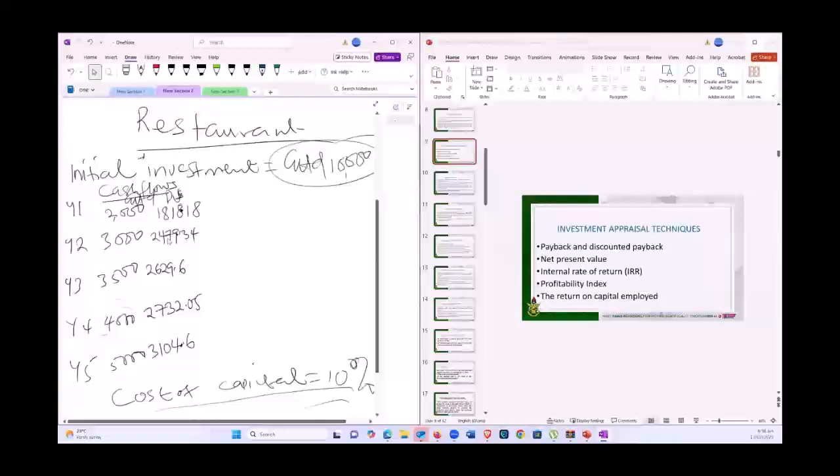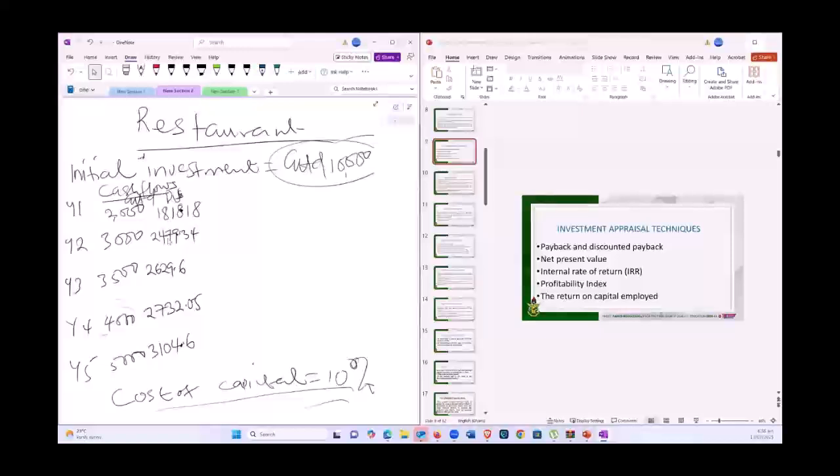Let me add and see. 18.18 plus 2479.34 plus 2629.6 plus 2732.05.